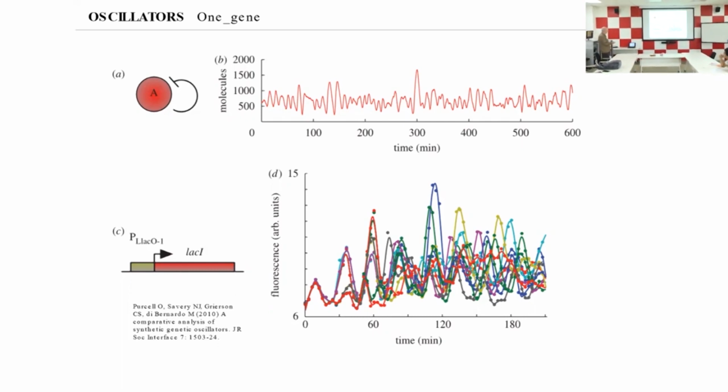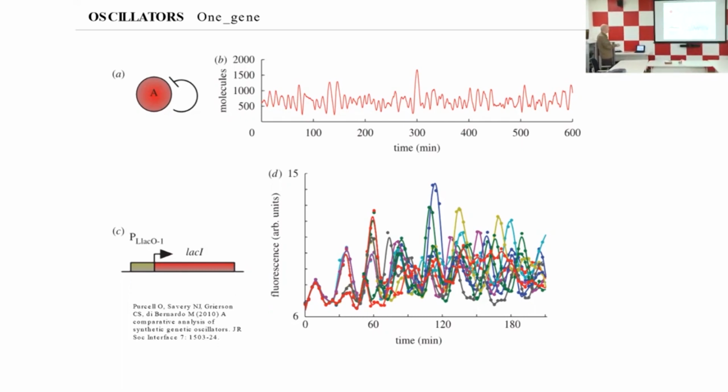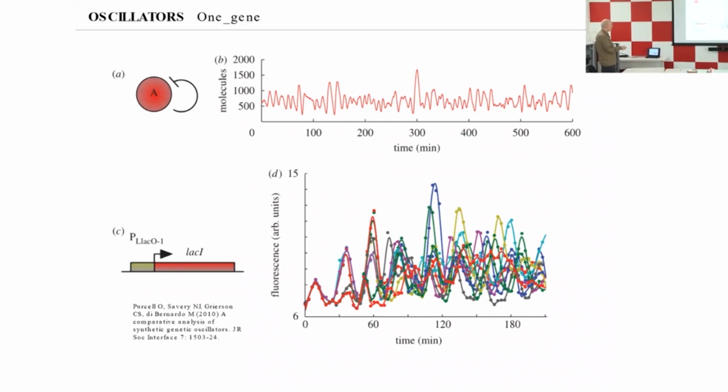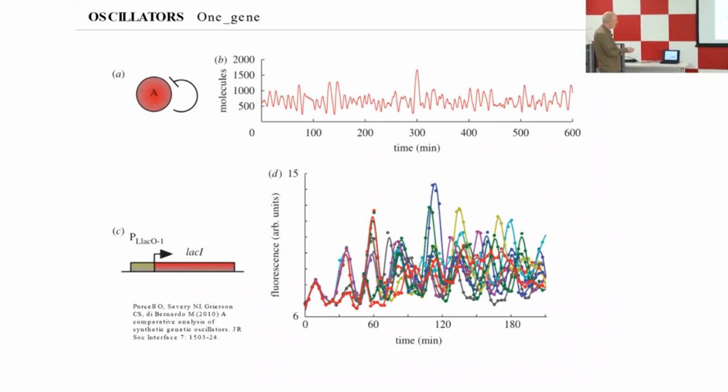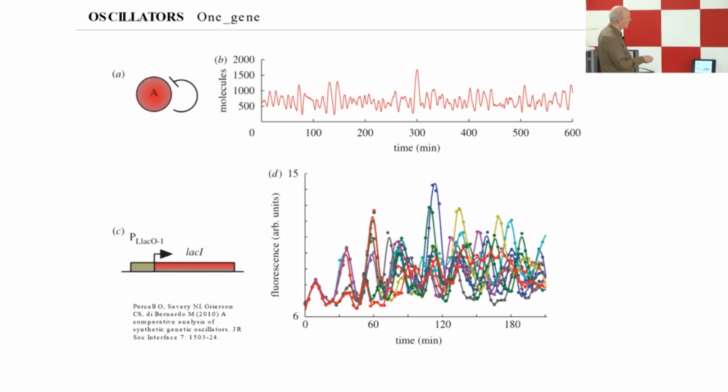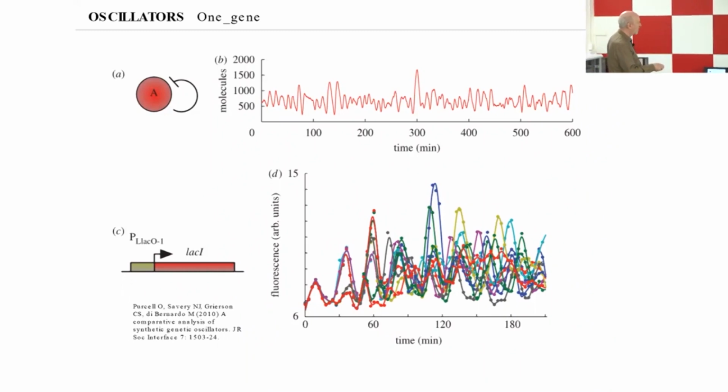Because in moment number 1, the promoter might be repressed, but then the protein has a given lifetime, and at some point it will go away, and therefore the promoter will be active, and then once it's active, it will repress the activity of the reporter gene that is somewhere else, but at the same time it will repress itself, in such a way that over time you have these oscillations.